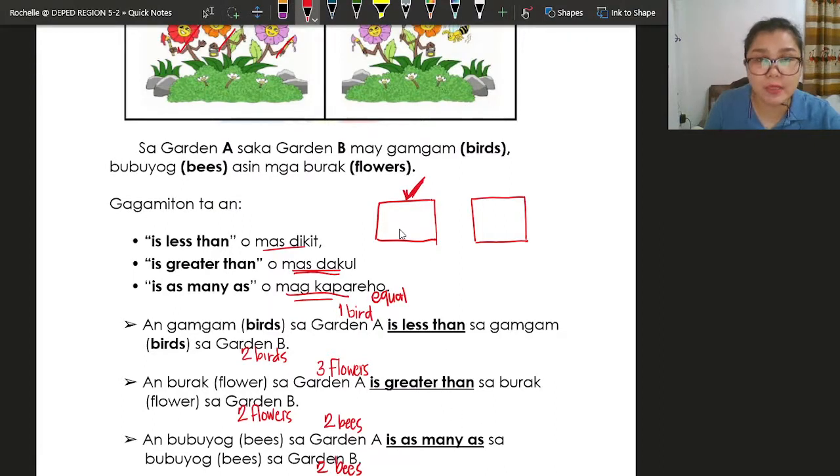Ibig sabihin, pantay. If both sets have the same number of objects or number of whatever they na bibilangin, so we use the term is as many as. So this time we have three terms: is less than, is greater than, and is as many as.